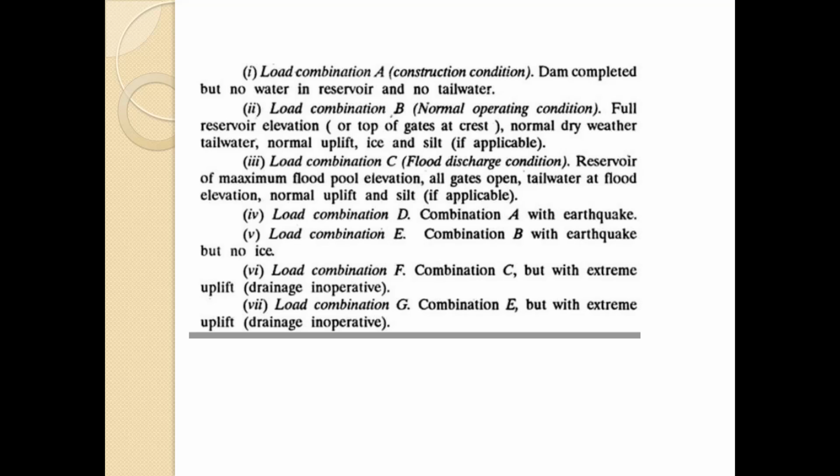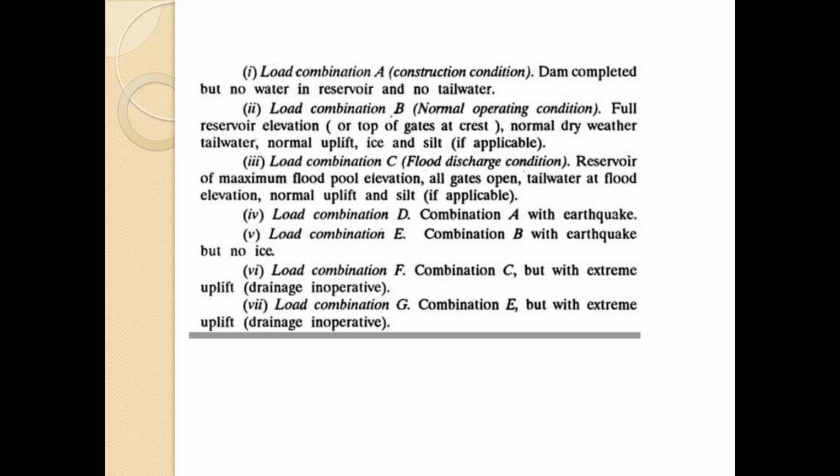Then load combination D, that is combination A with the earthquake. Load combination E, that is combination B with the earthquake and no ice. Load combination F, that is combination C with the extreme uplift, that is drainage inoperative. And load combination G, combination E but with the extreme uplift.